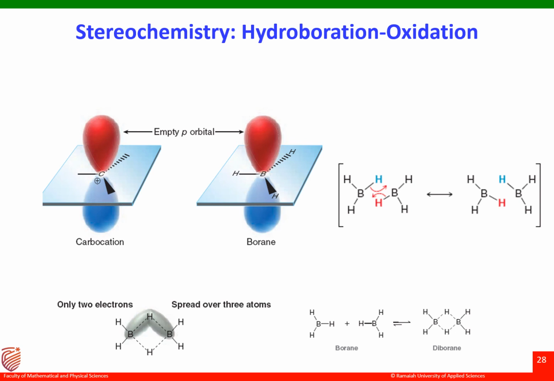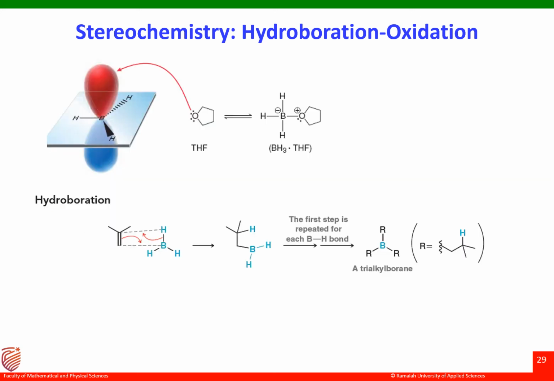So borane and diborane coexist in equilibrium, right. This equilibrium lies very much to the side of diborane rather than borane, leaving very little borane present at equilibrium. So it is possible to stabilize the borane, thereby increasing its concentration at equilibrium, by using a solvent such as tetrahydrofuran.